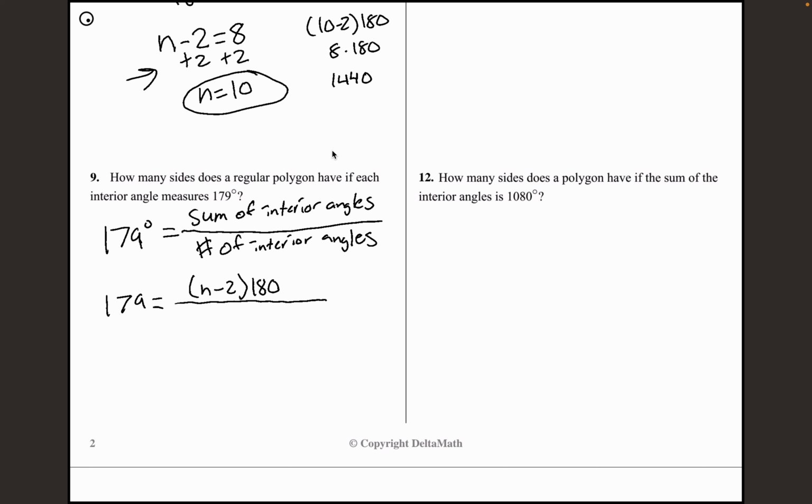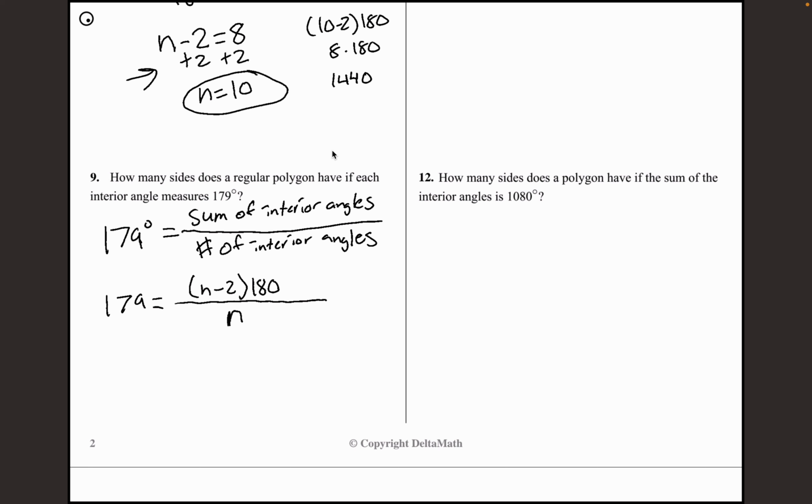What's the number of interior angles? What is that going to be represented by? It's going to be n, yeah, or x. But since we're already using n, we'll put n. Okay, and we will solve from here.